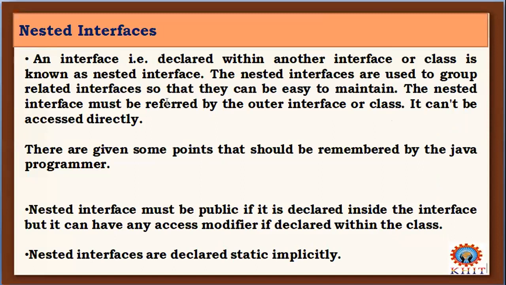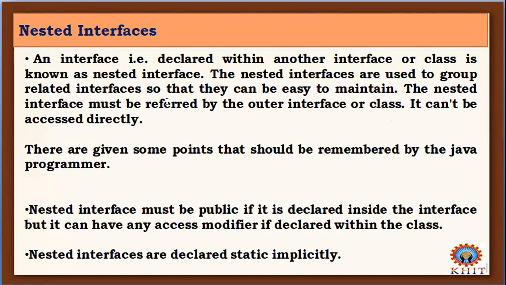Next, we have nested interface. So what is the meaning of nesting? Nesting means one exists in another. We learned about so many nested concepts like nested classes, nested functions, right? So the meaning of nesting is one exists in the other.